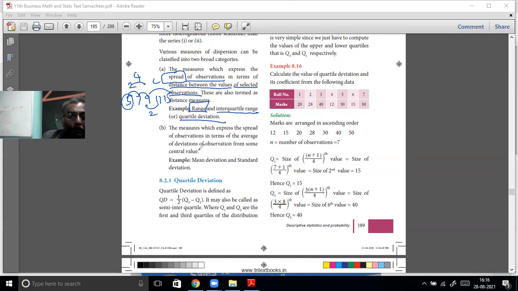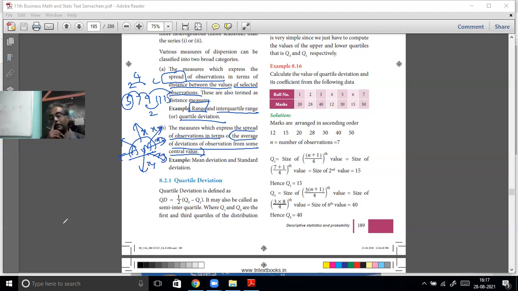There is another type of deviation where you find the spread of observations in terms of the average of the deviations of observations from a central value. In this case, you take the arithmetic mean, and from the arithmetic mean, you see how far each value is: x1, x2, x3, x4, the differences of the values from the mean.